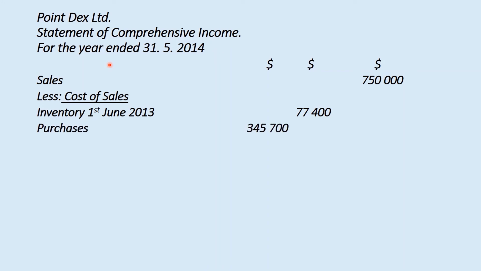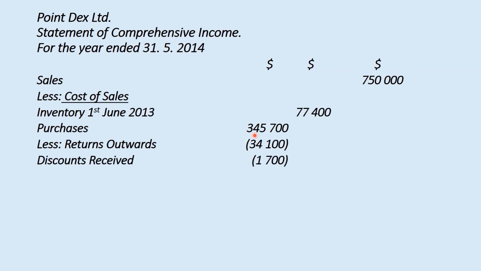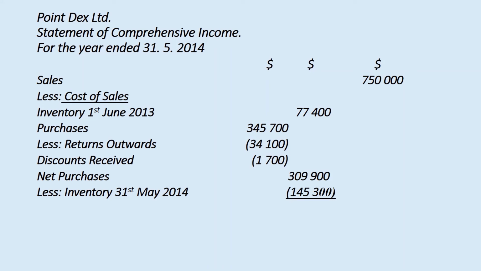The purchases go in a new column so we can minus the returns outwards from it, and the discounts received. The net purchases is 387,300. That is this figure for purchases minus the returns and the discounts. And we plus the inventory from that, and we get the cost of sales. So it's a pretty simple affair, this income statement.